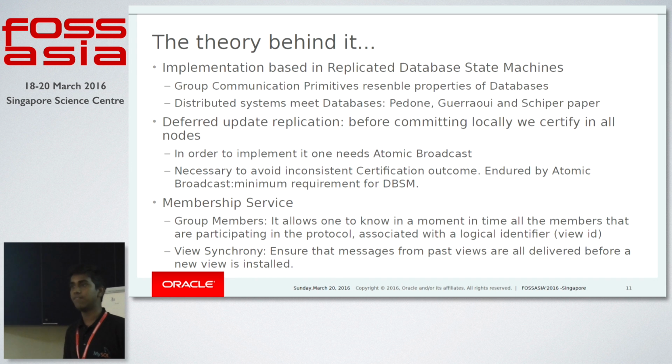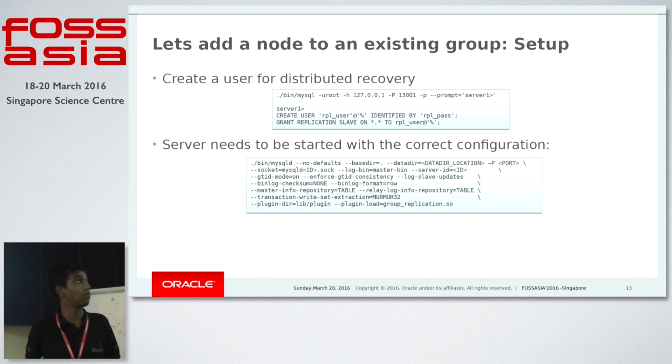As soon as a member leaves or joins this group, we need to change the view, and the view ID is an atomically increasing number; it never goes down. The whole idea is that a message which is delivered in one view needs to be delivered before any other view is installed, and that forms the backbone of the entire group replication. I'll explain this to you in a later slide with a small picture that I have. Okay, so how things work.